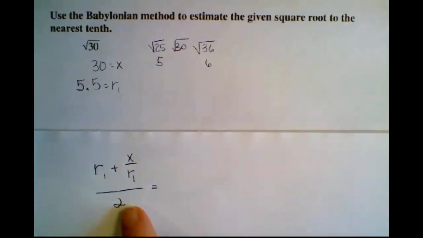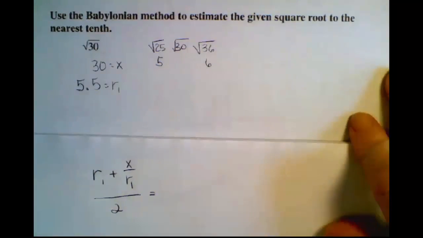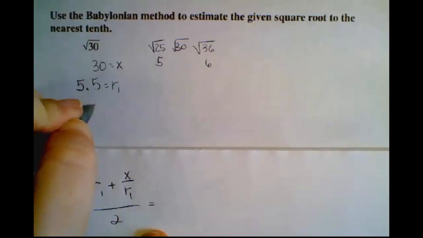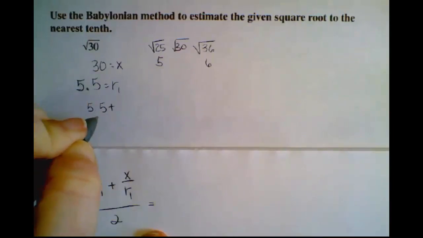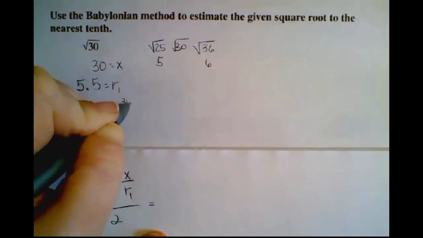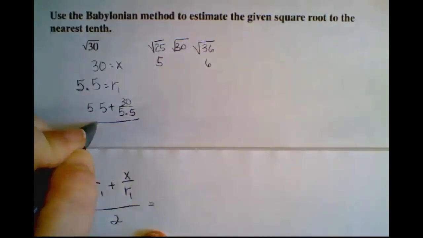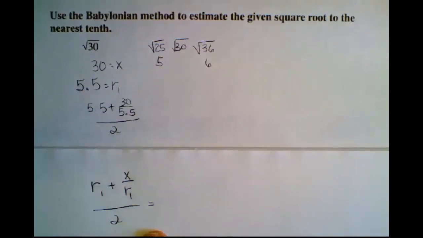Now I'm going to use our formula to figure out what my actual square root estimate is. My R1 is 5.5, so I'm going to say 5.5 plus X, which is 30, over 5.5, divided all by 2.